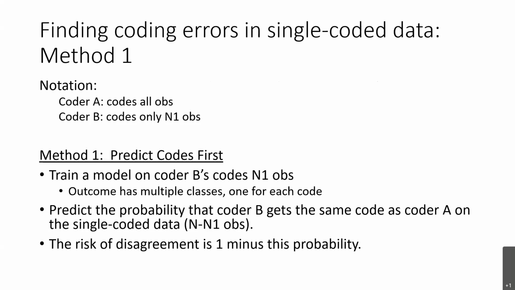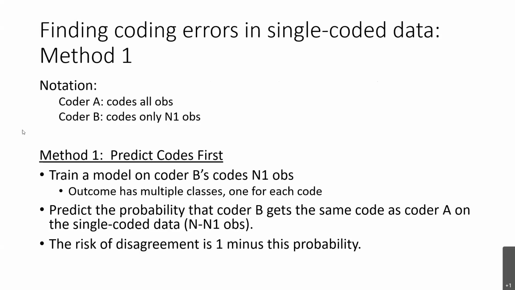And this outcome, of course, has multiple classes because we're coding typically into more than 2 classes. It could be 8 classes, 10 classes. And then we predict the probability that coder B gets the same code as coder A on the single-coded data, on the remaining observations. And the risk of disagreement is then 1 minus this probability.